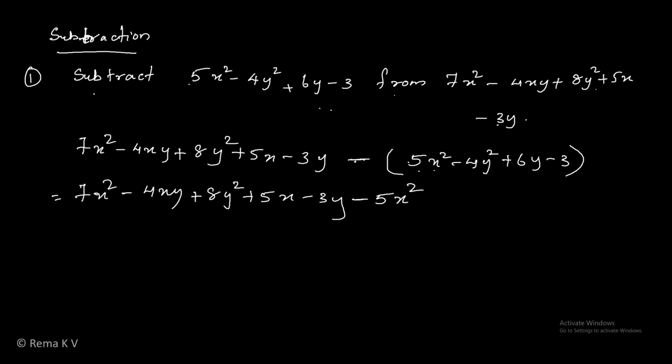Now this is minus 4y square. When you multiply this minus inside, it becomes plus 4y square. Then minus into plus becomes minus 6y. Then minus into minus becomes plus 3. Each term of this expression is to be multiplied with minus 1.